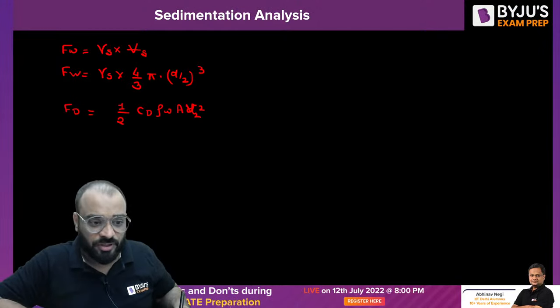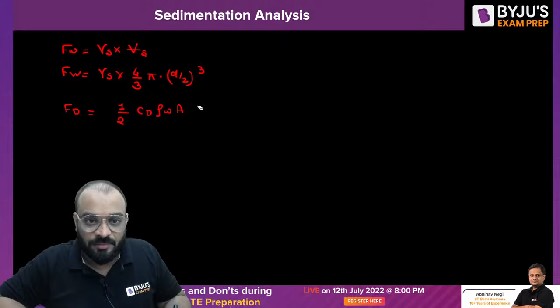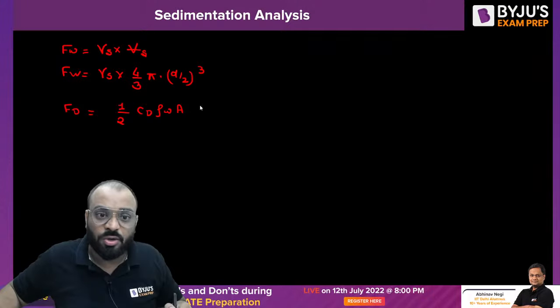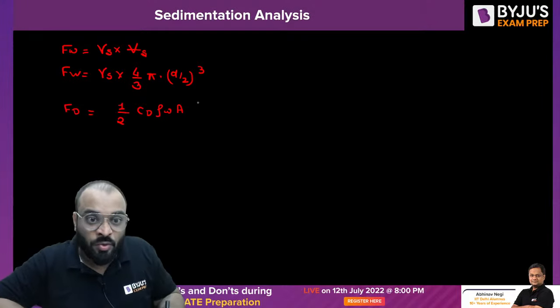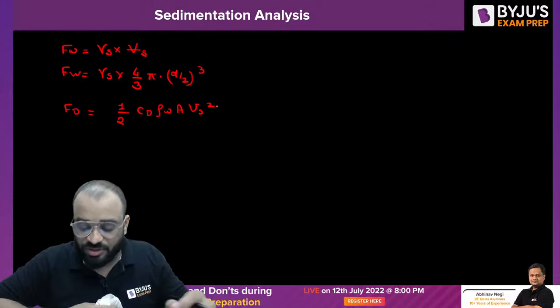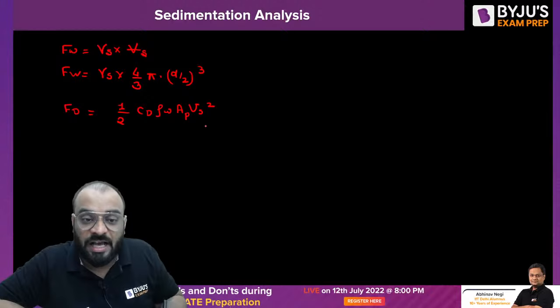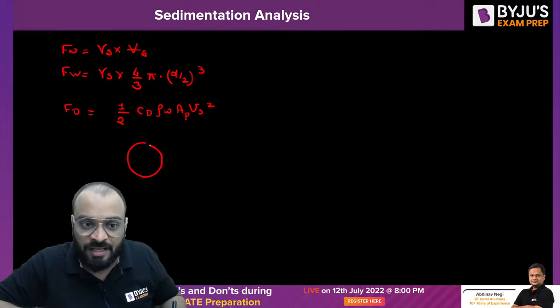Now guys, listen carefully. In this particular case, this is the drag force which we have to apply over this particular particle. What is basically v, sir? This is nothing but Vs square, that means the settling velocity of the particle. Now what is A? A is basically your projected area. Right? Now how much is it? I will explain it. Let us suppose this is your spherical particle.